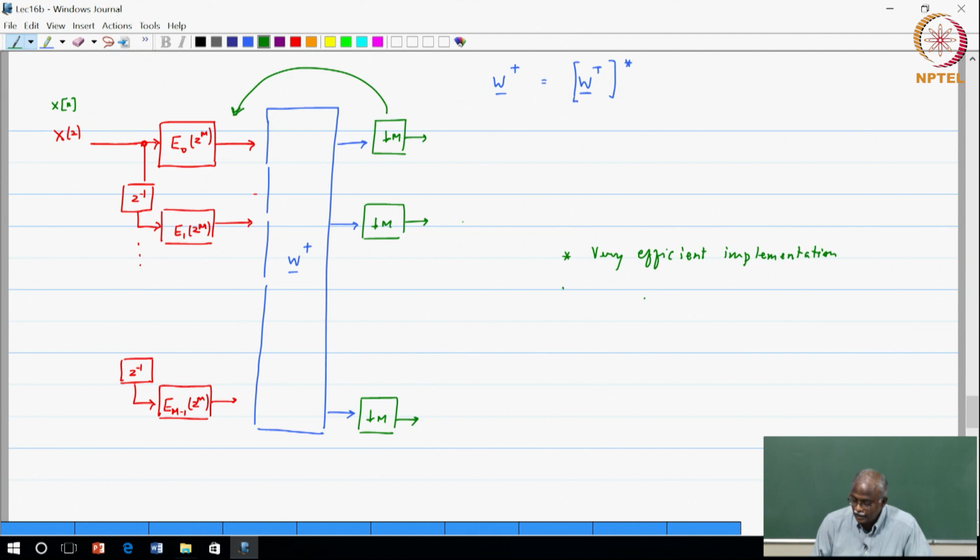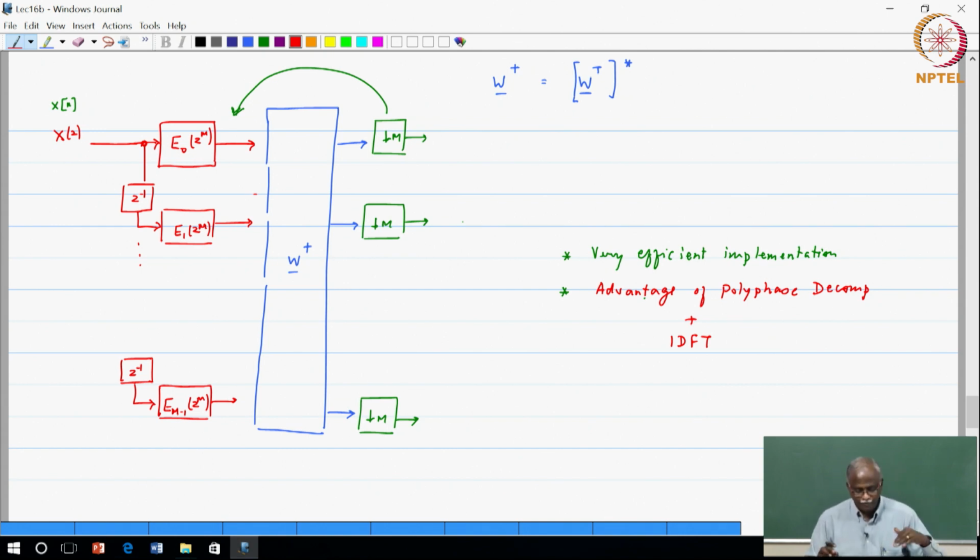The efficiency comes because we have used the advantages of polyphase decomposition, a result from multirate DSP, along with the computational advantages we can get using the fast transforms. So, the IDFT will be implemented using the fast transforms, which you have studied in DSP. Therefore, you can get very efficient structures for this.